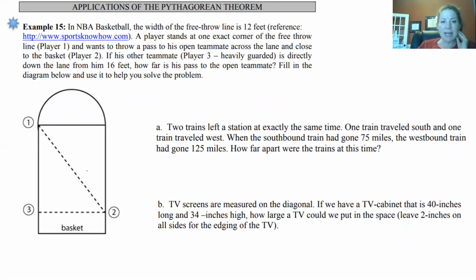If the other teammate, player 3, heavily guarded, is directly down the lane from him, 16 feet, how far is his pass to the open teammate? Fill in the diagram below and use it to help you solve the problem. All right, so this is player 1 right here, right? It says the width of the free throw line is 12 feet.